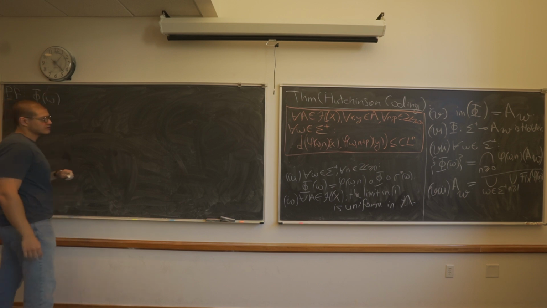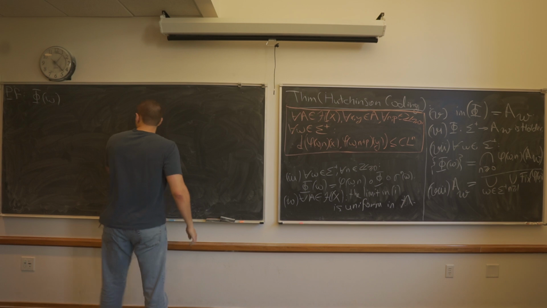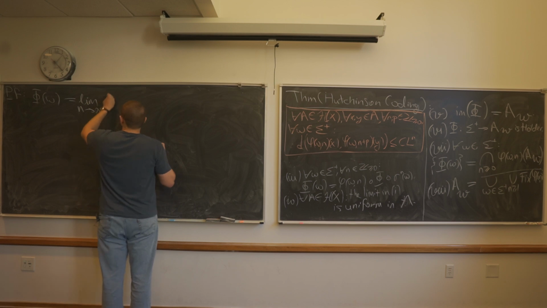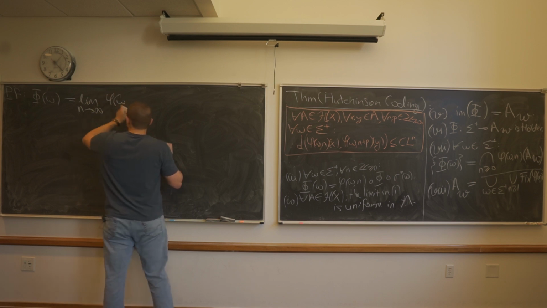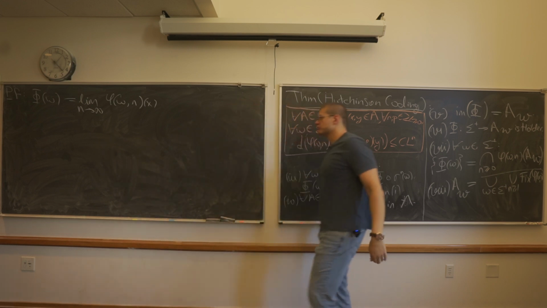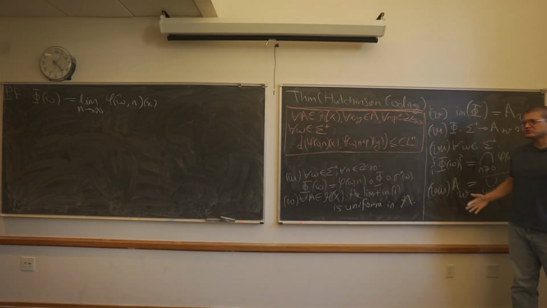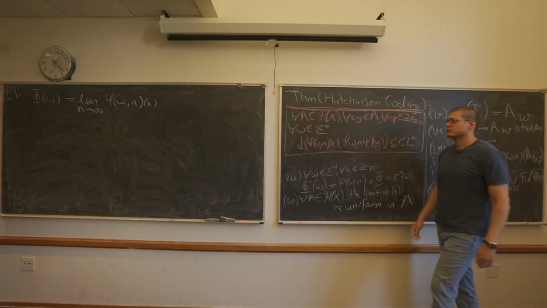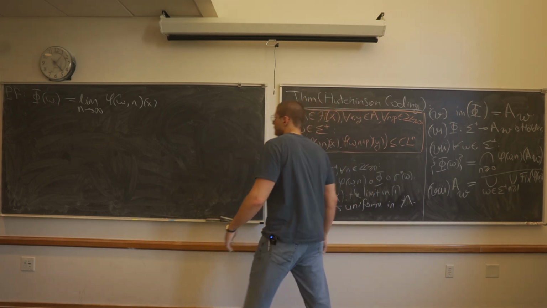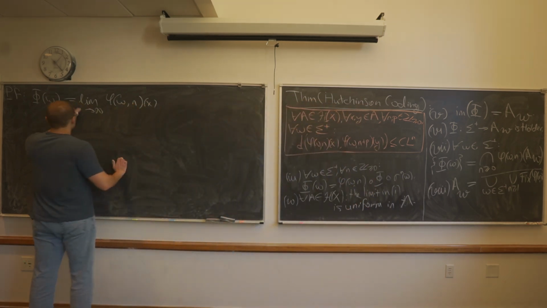Again, I'm going to use the cocycle property. So what is this? Limit as n goes to infinity of lowercase phi applied to omega comma n of x. Some x. I don't really care at this point because in item 2 we showed that that limit doesn't depend on x. Now what I can do is, maybe I should use here m.